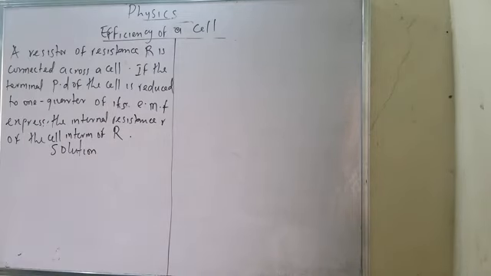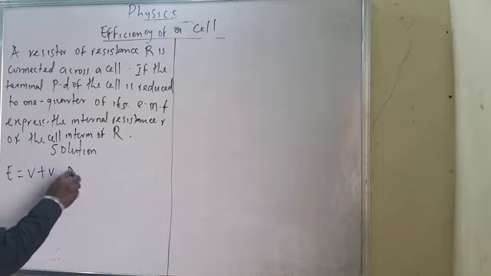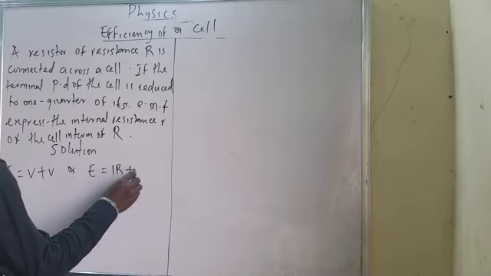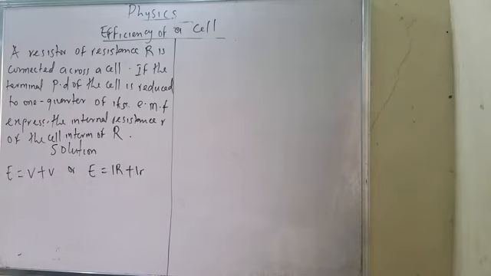Now, how do I know? I will know that electromotive force always equals to V plus small v. Or I can say my electromotive force equals to I of big R plus small r. Now, please, you must think in the right way. If your thinking is not proper, you may miss it from the beginning.